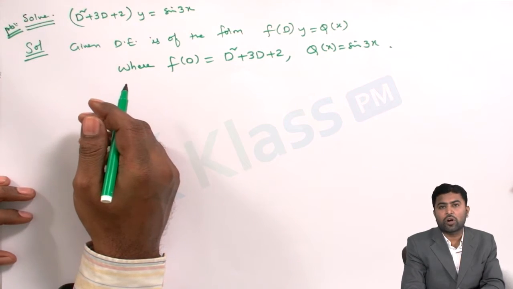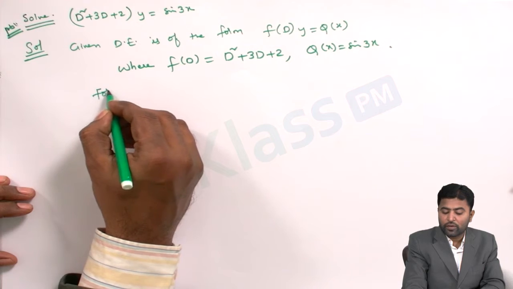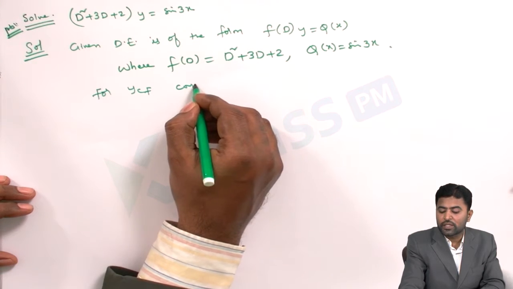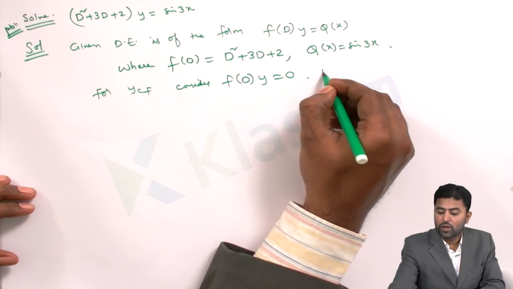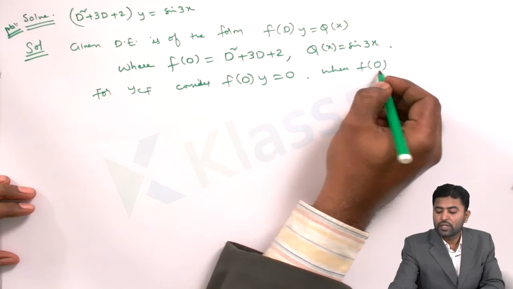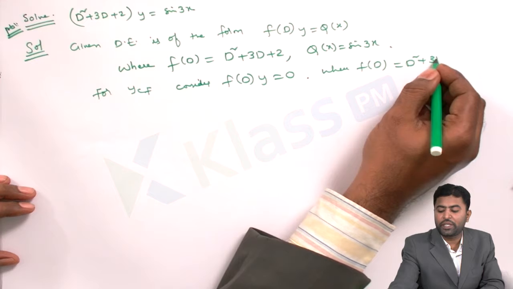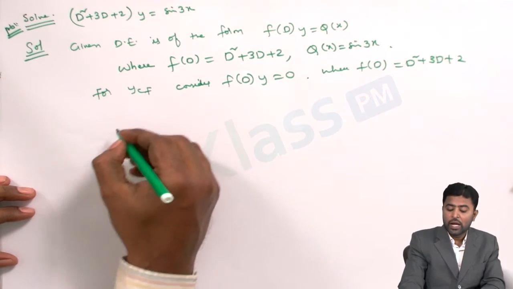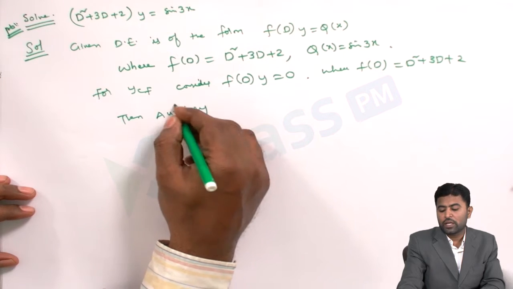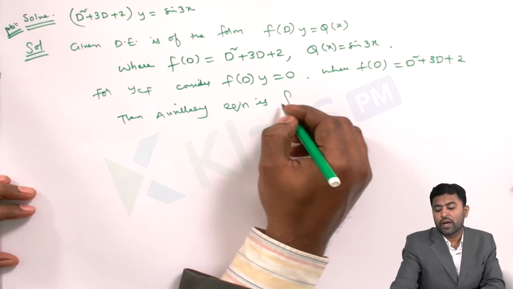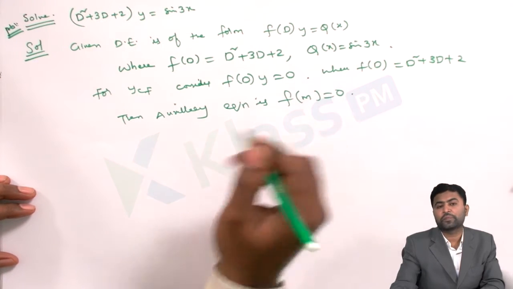So again finding the complementary function first. So for YCF, consider f of D into y is equal to 0, where f of D is D square plus 3D plus 2. Then the auxiliary equation is f of m equal to 0.